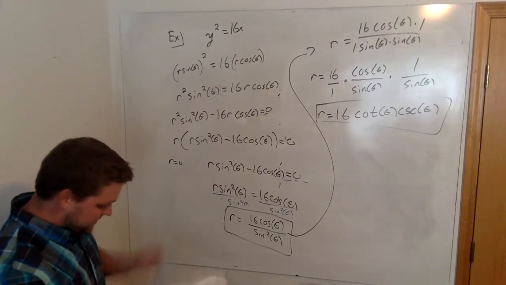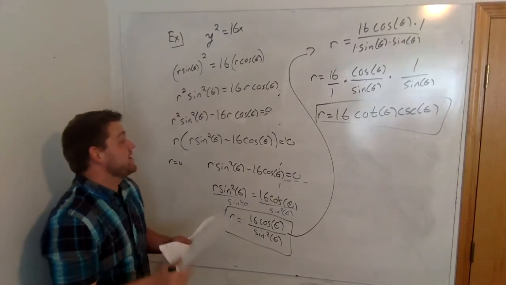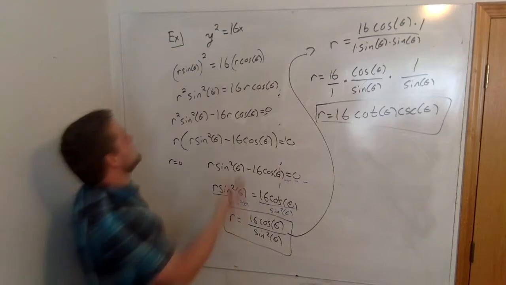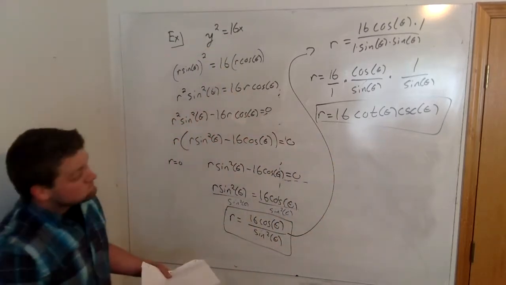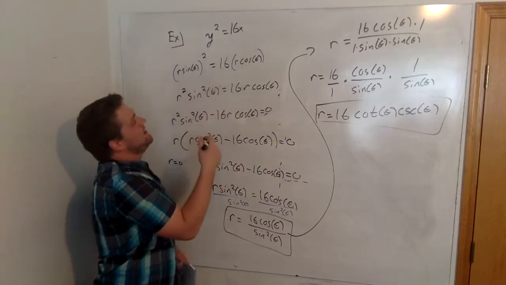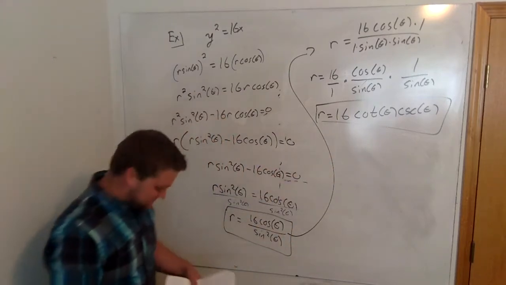Cool. Do you think it looks nicer in rectangular coordinates or in polar coordinates? I would say it probably looks a little bit nicer in rectangular coordinates. But this is what it would look like in polar coordinates. That's just my opinion.